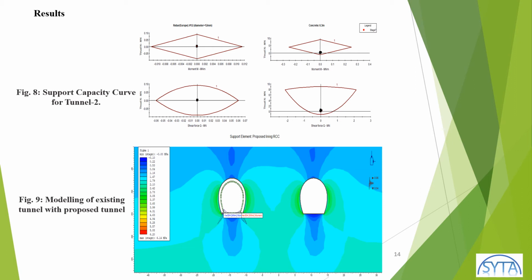Seismic zone 3 has been considered for the design. Overall, as we are going at an offset of 30 meters at the tunnel locations, there is no effect and the failure envelopes do not intersect with each other. Hence we can conclude that the construction of the proposed tunnel does not have any impact on the existing tunnel.